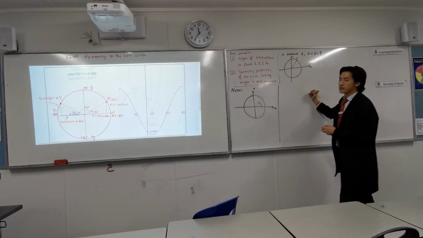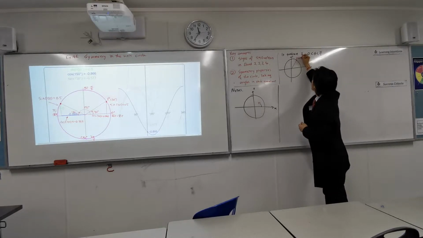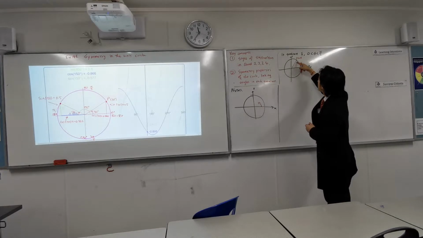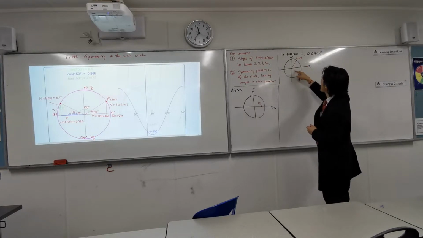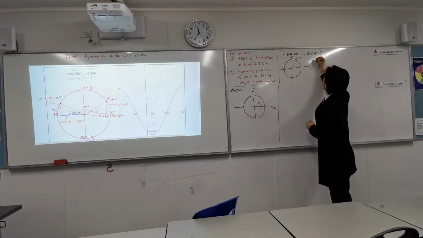Then when we go to a point on our unit circle, the point which has coordinates x, y, x is represented by the cosine and y is represented by the sine. So let's write this down.